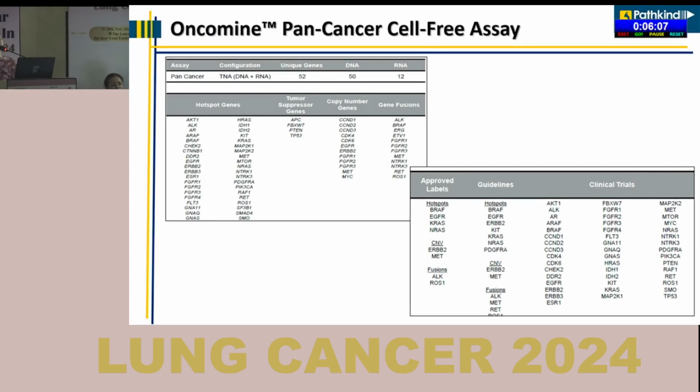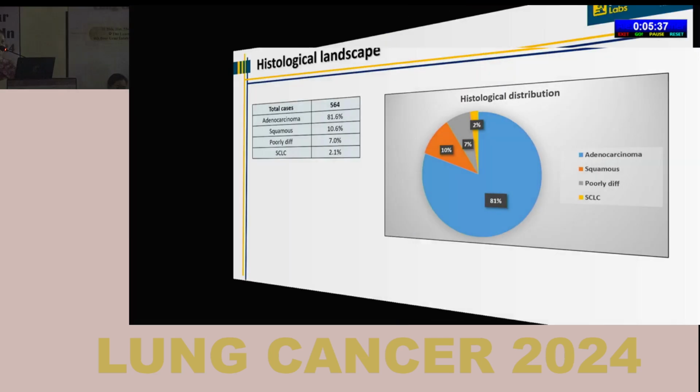For patients in which the cell block or the cytology block is not available, and we are going ahead with testing using the cell-free DNA, the Oncomine cancer panel is what we use. In terms of the genes, the coverage is pretty much a copy of the 52-gene panel that we do for somatic mutation testing.